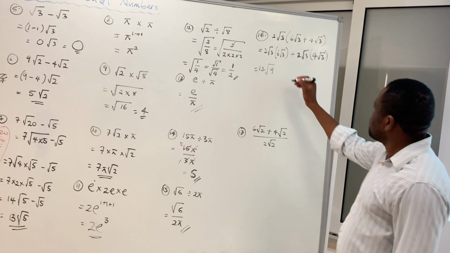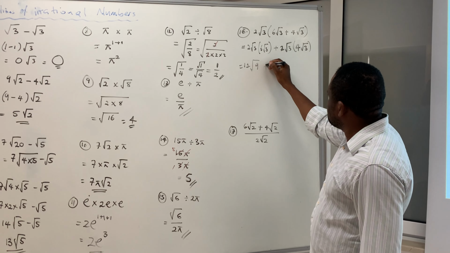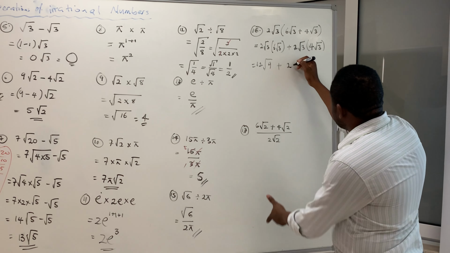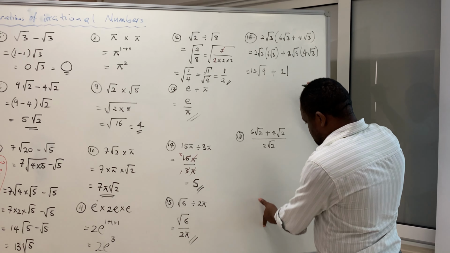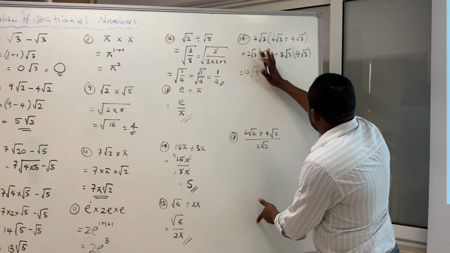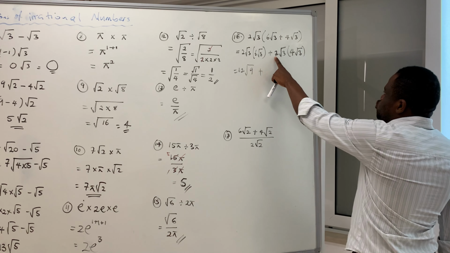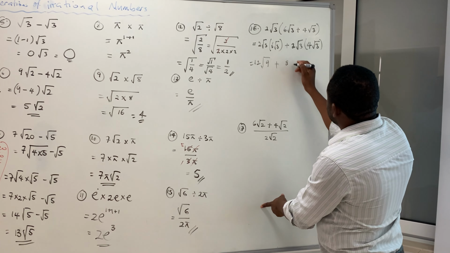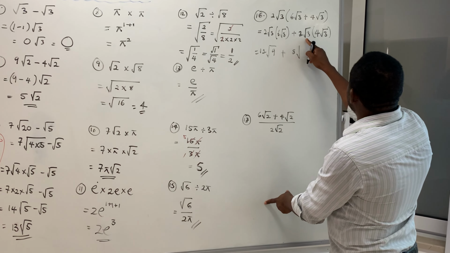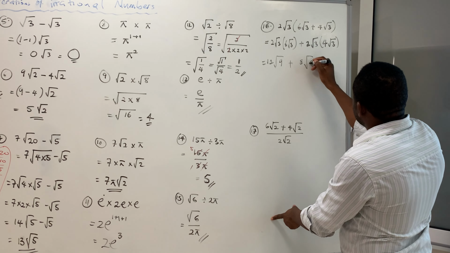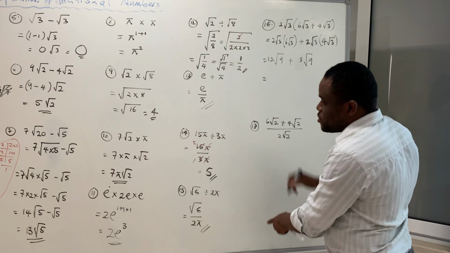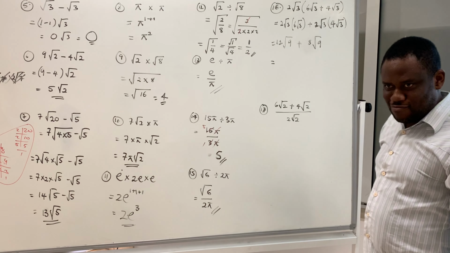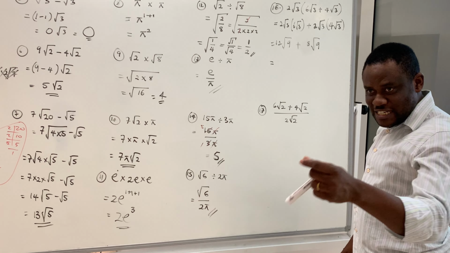Right? Plus 2, okay, let me multiply. Just the same way. 2 times 4 is 8. Root 3 times root 3 is root 9. Now, root 9 is a perfect root. Root 9 is 3.